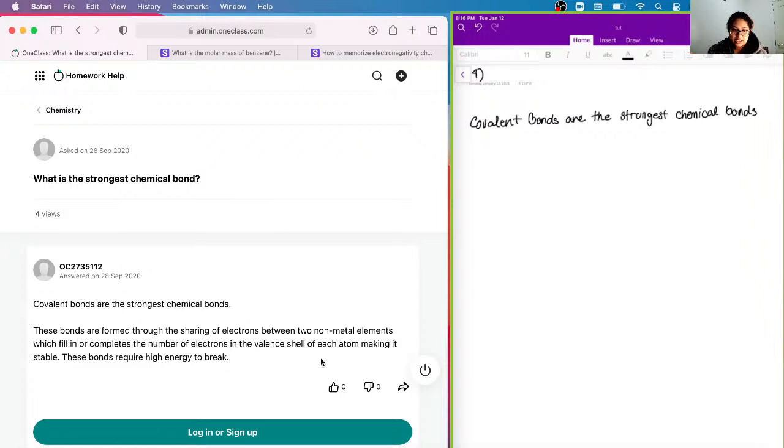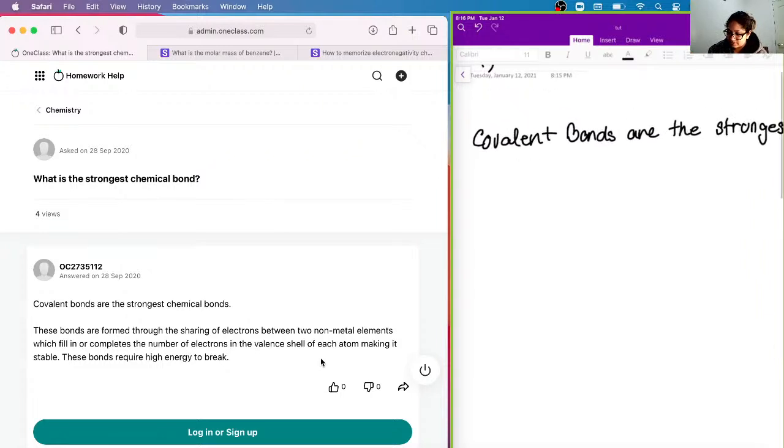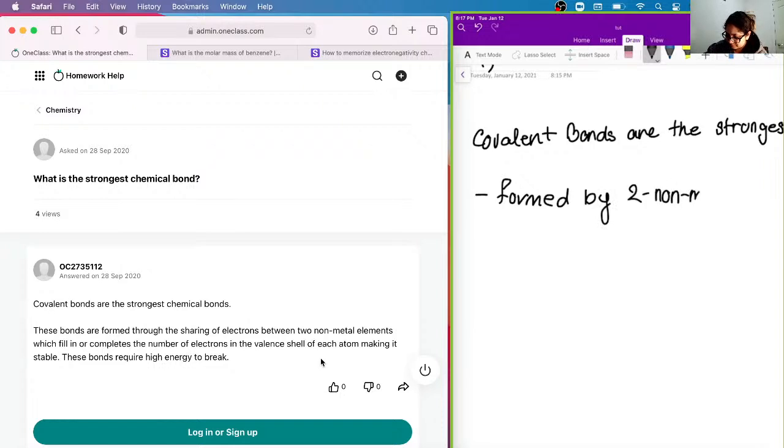Okay, and so as we know, covalent bonds are formed by two nonmetals. These are from basically your group 4 to 7 elements.